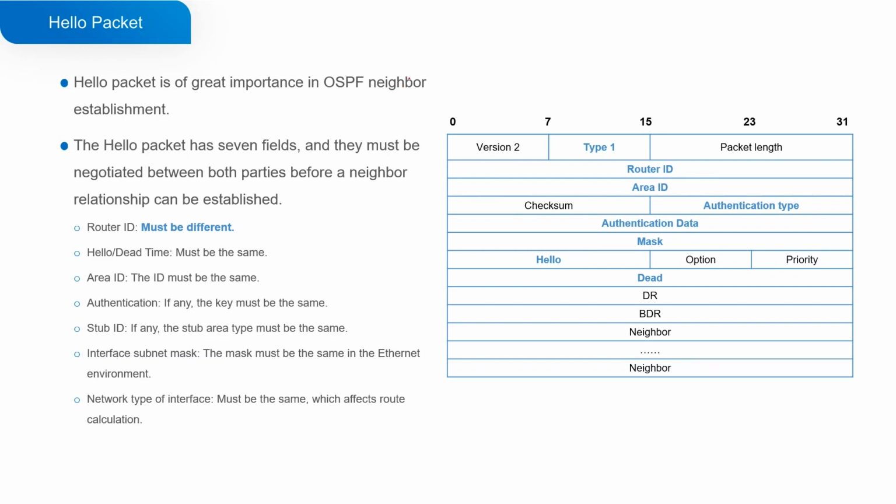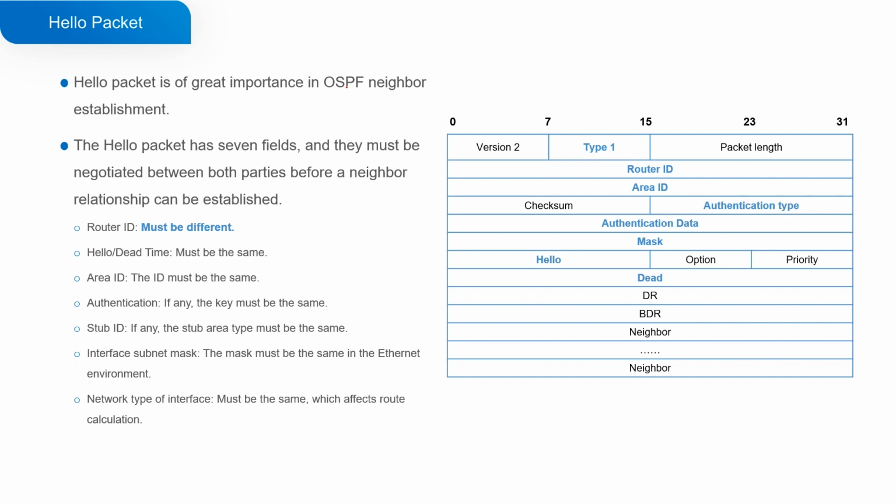And for this page, we'll introduce more details about the Hello packet. For the Hello packet, we can say it's very important for OSPF neighbor establishment. We will use the Hello packet to say hello to the peer router and to build the neighbor relationship.